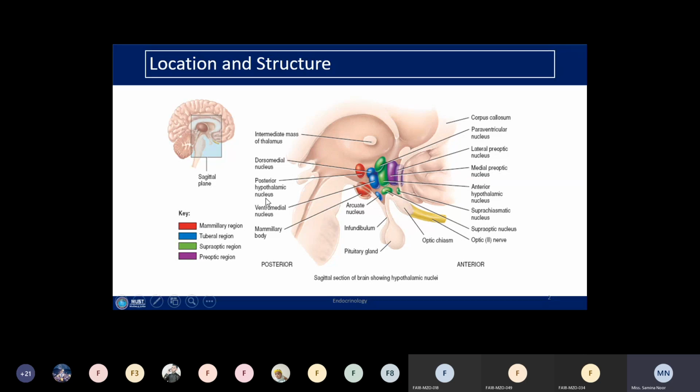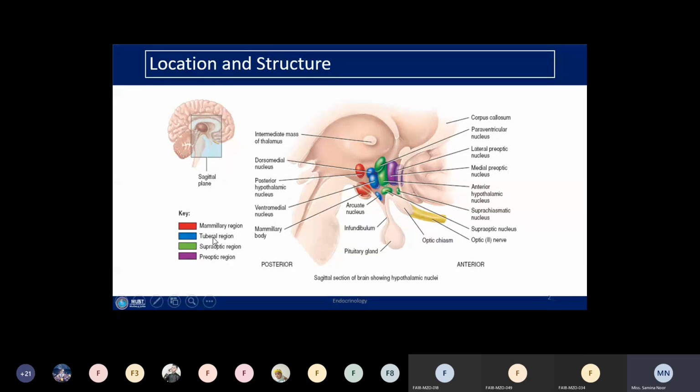The nuclei located near the mammillary bodies are known as the posterior hypothalamic nucleus, as the mammillary bodies are in the posterior region of the hypothalamus. The others, present in the ventral and medial region of the hypothalamus, are known as the ventromedial nuclei.